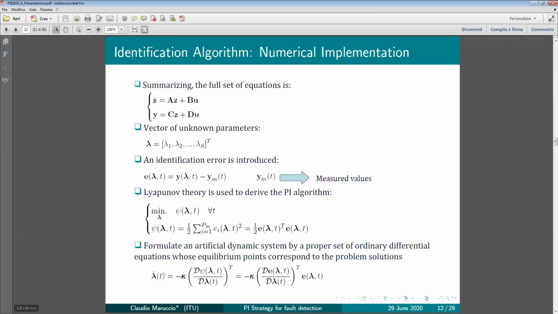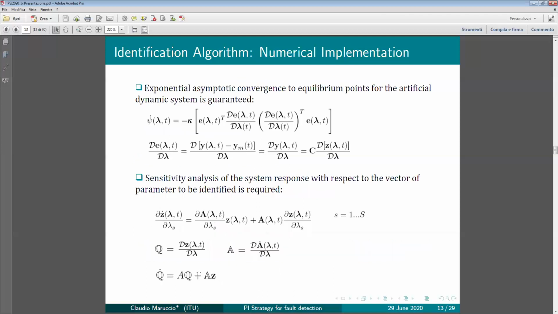It is given by the product of a gain matrix K times the directional derivatives of the energy function psi with respect to the unknown vector of parameters lambda. So forcing this evolution for lambda dot, it is possible to derive the expression of psi dot.